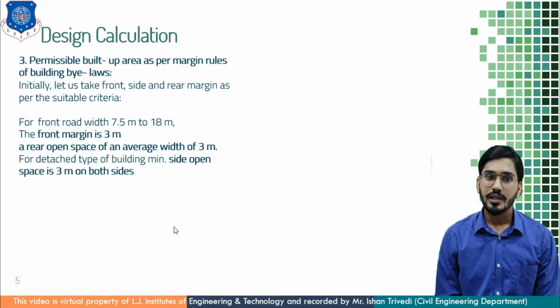And for rear open space, in no case can you adopt less than 3 meter rear open space, and that is the average width. For a detached type of building, you have to keep 3 meter wide open space at both the sides.